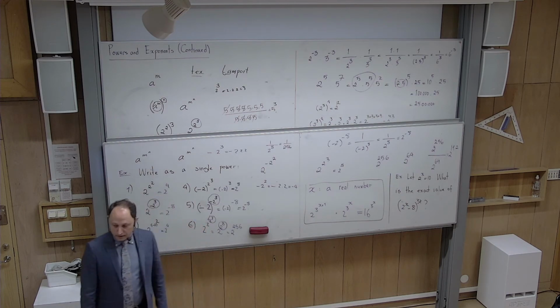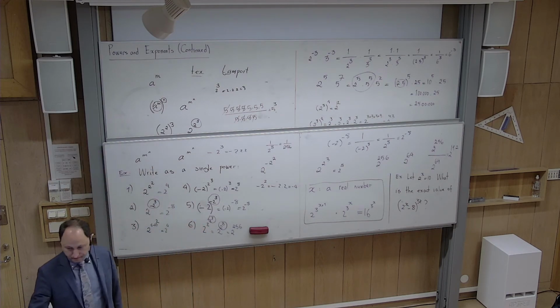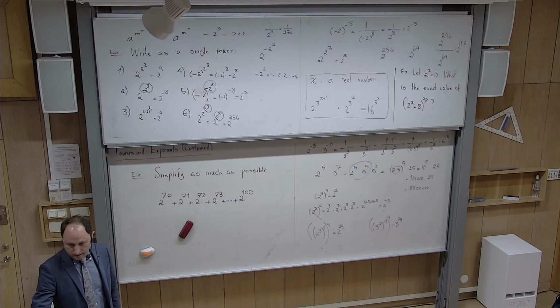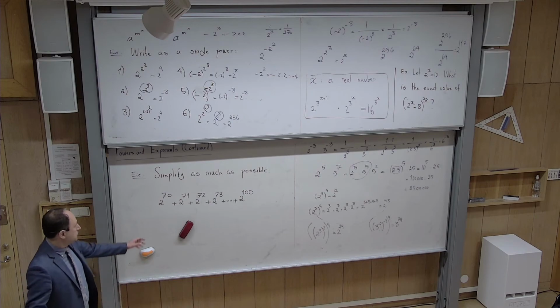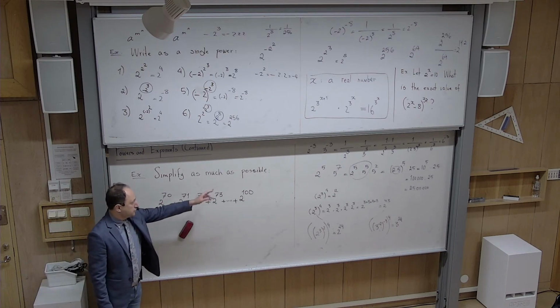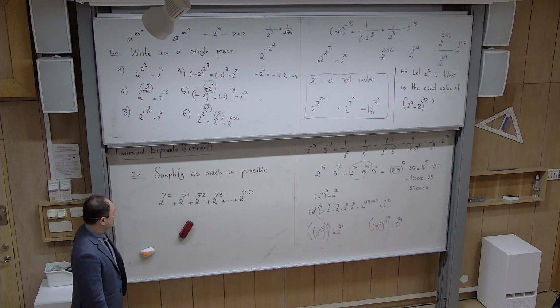This is simple, not hard. Yeah, that is also good. So 2 to the power of 70 plus 2 to the power of 71 up to 2 to the power of 100.